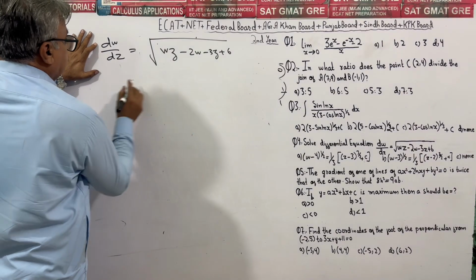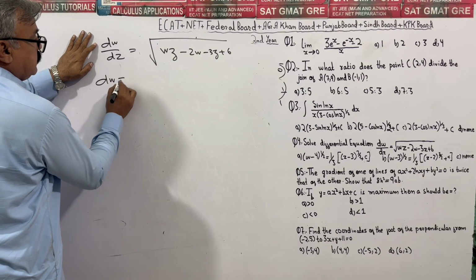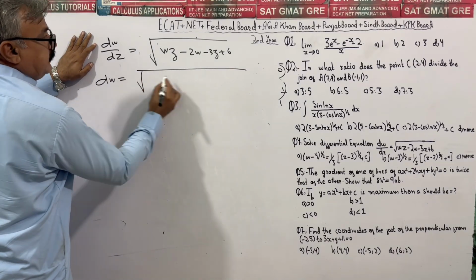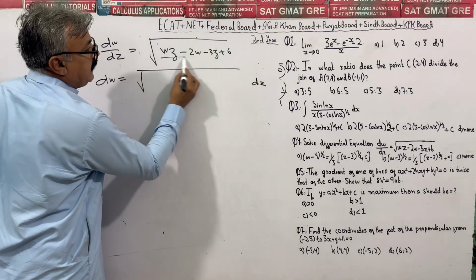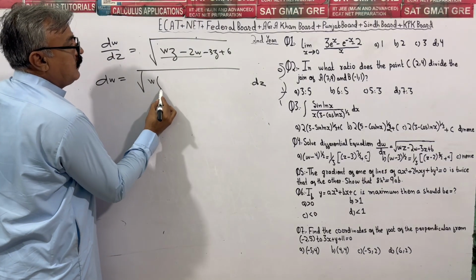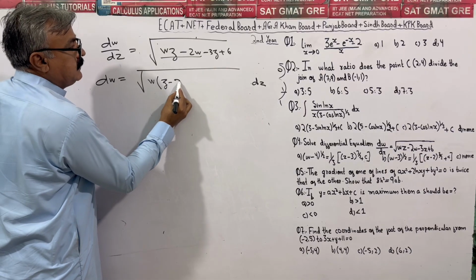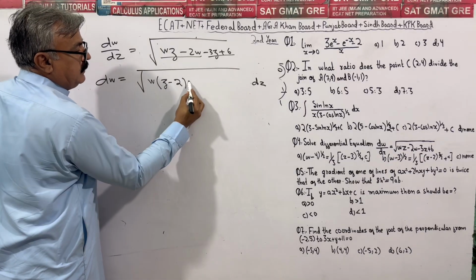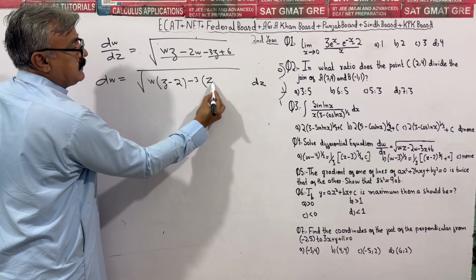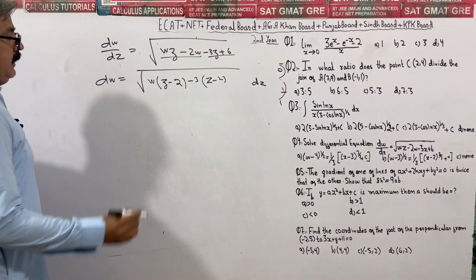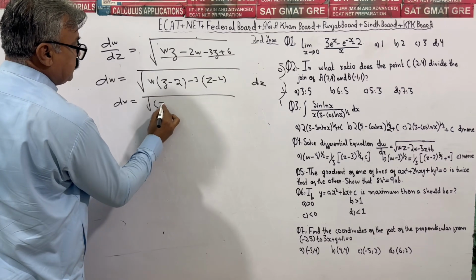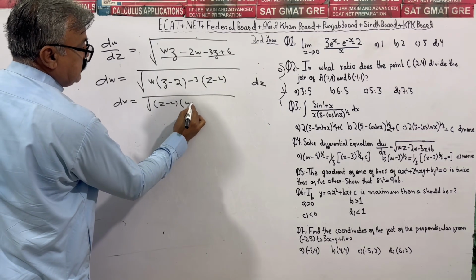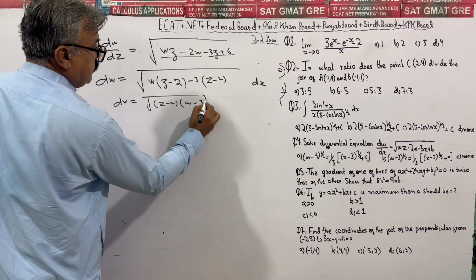Shift here, it will become dw over dz. If I take w common from here, it will become z minus 2, minus 3 common, z minus 2. Okay, dw is equal to one bracket is z minus 2 and the other is w minus 3, dz.